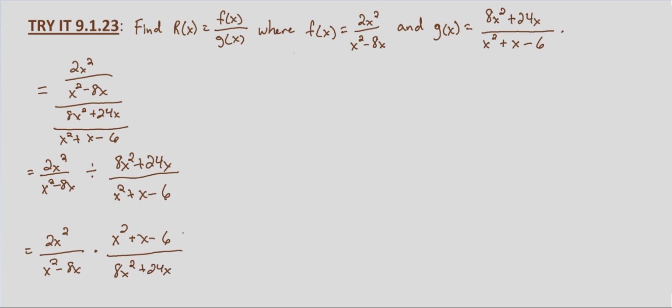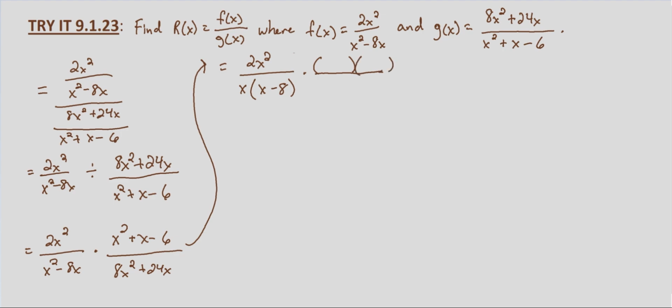The next step, and now we just factor all numerators and denominators. So this is 2x squared over x squared minus 8x. That shares a common factor of x, so it's x times x minus 8, times x squared plus x minus 6. How will that factor? Well, what multiplies to negative 6 that adds to 1?